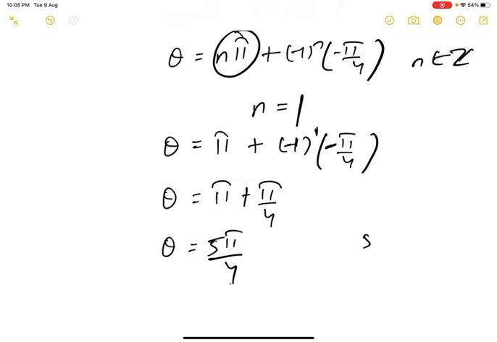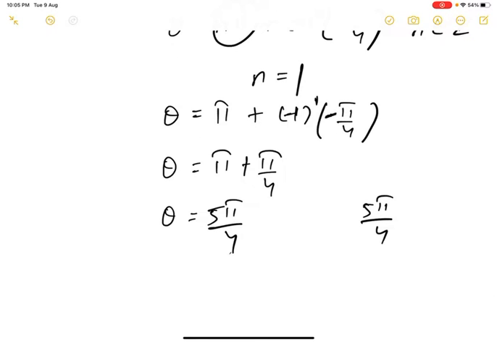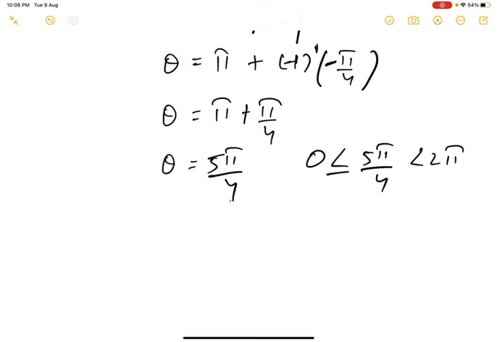So 5 pi by 4, is this a principal solution? If you want 5 pi by 4 to be a principal solution, it should be less than 2 pi and greater than or equal to 0. So does it satisfy this? What you can do is, you can just divide 5 by 4.